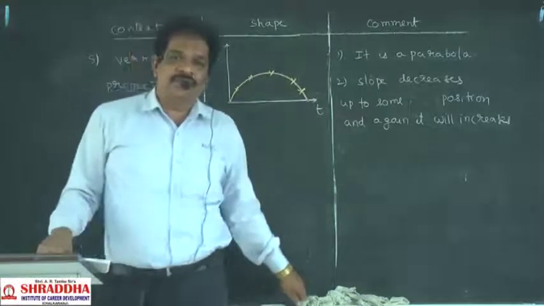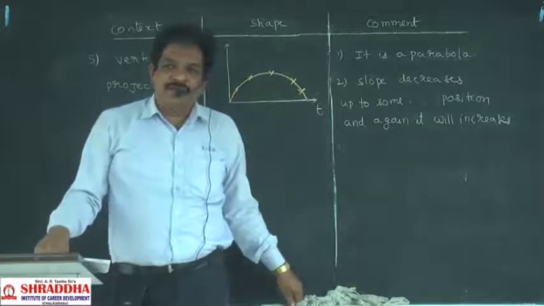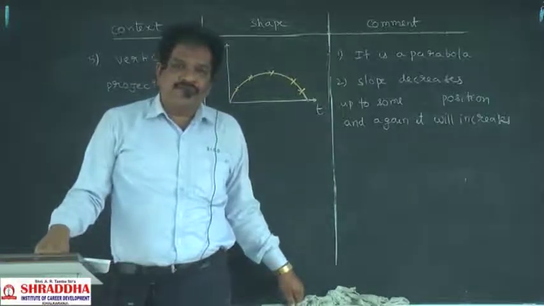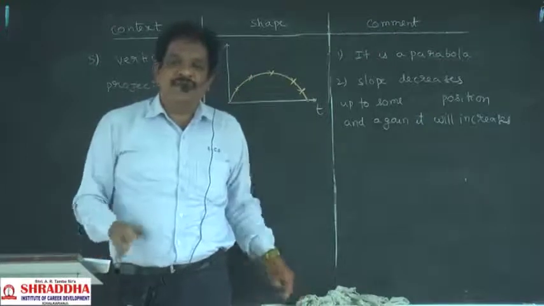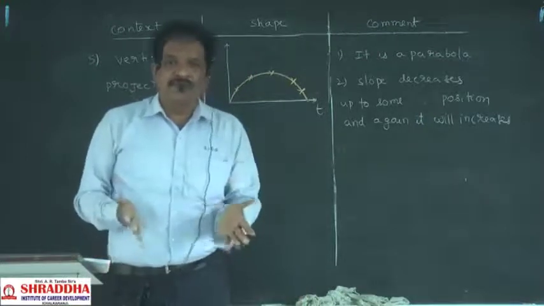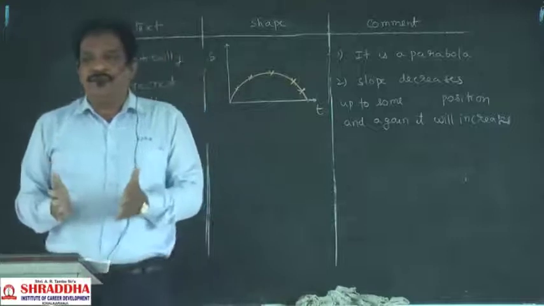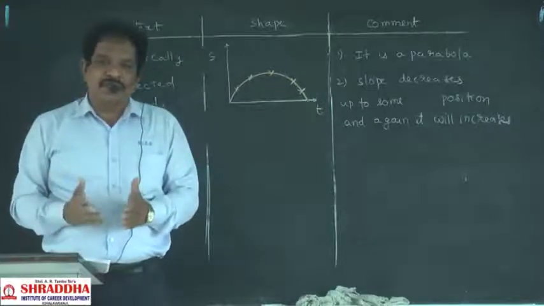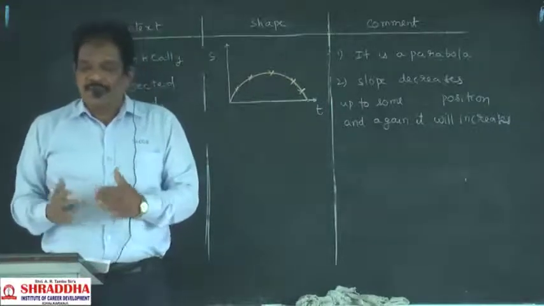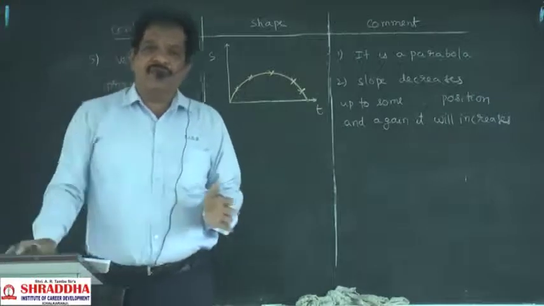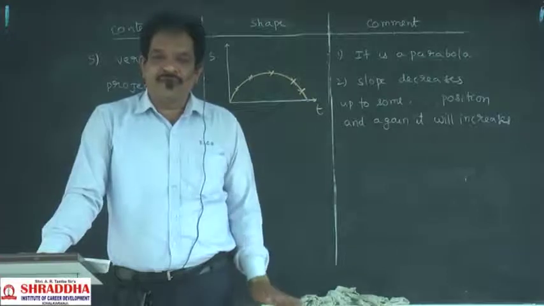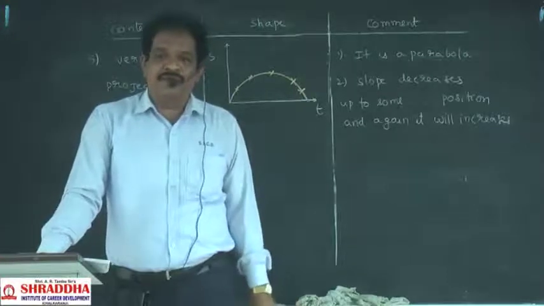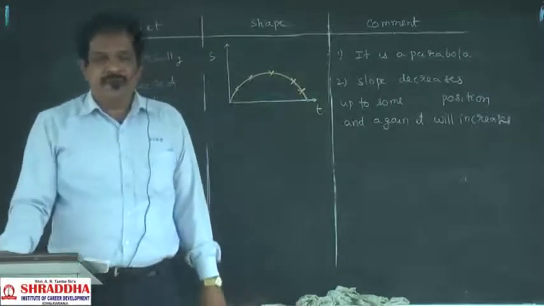What we told up to now, listen. What is meant by displacement time graph? How many types of displacement time graphs are there? We are discussing. If displacement values are taken on the y-axis and time values on the x-axis, and we draw a graph, the graph is called the displacement time graph.